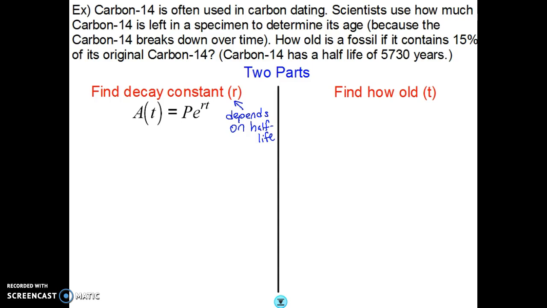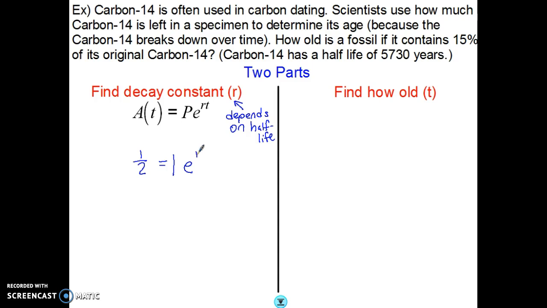Now, you might be thinking, well, we don't know the starting amount, and we also don't know the final amount, but it's not important exactly what they are, because again, this is just about the half-life, not about any specific specimen. So what we can do is just pick some easy numbers. I always like to do 1 as my starting amount, and since it's half-life, that means after one half-life we would have 1/2, because that's half of 1.